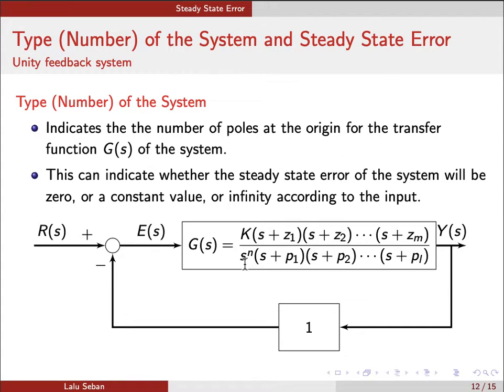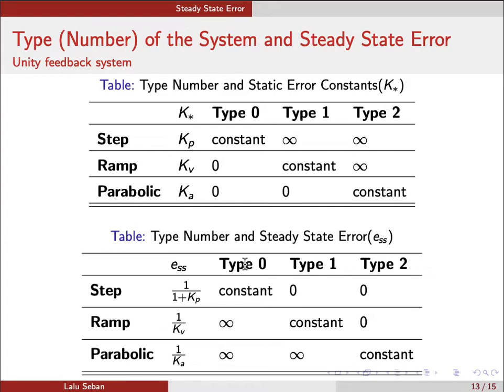Now, how are the type number of the system and the steady state error related? First of all, let us see how the type number of the system and static error constants are related. For type 0 system, for step input, Kp is constant.